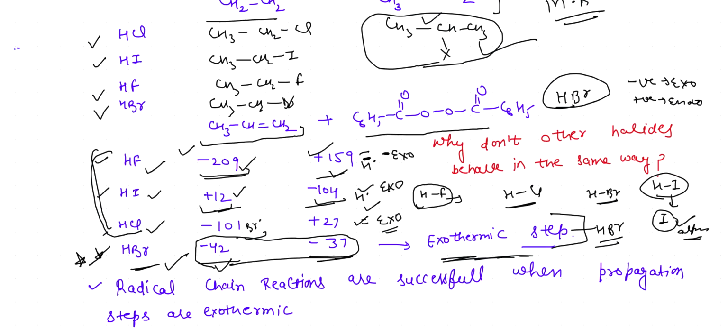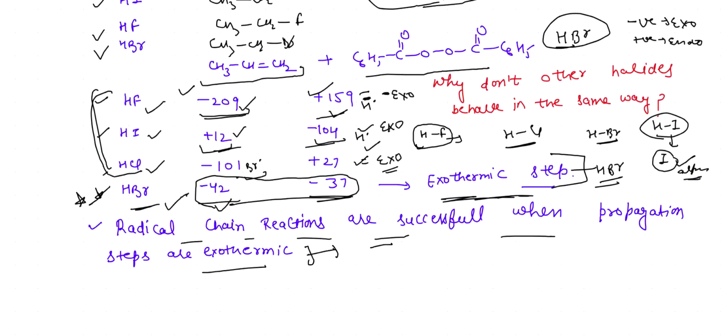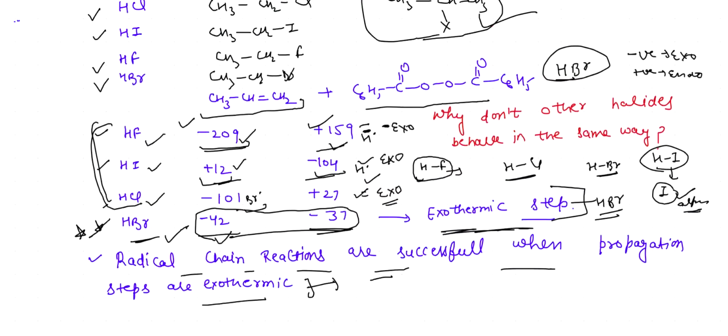So basically, radical chain reactions are successful only when propagation steps are exothermic in nature. Both steps should be exothermic in nature. So this is the theory behind Markovnikov and anti-Markovnikov's rule. Clear? Okay.